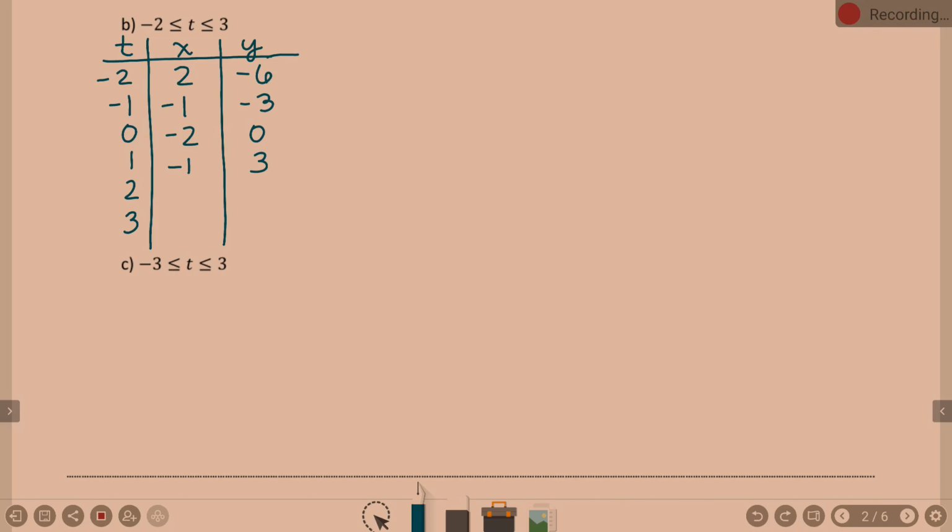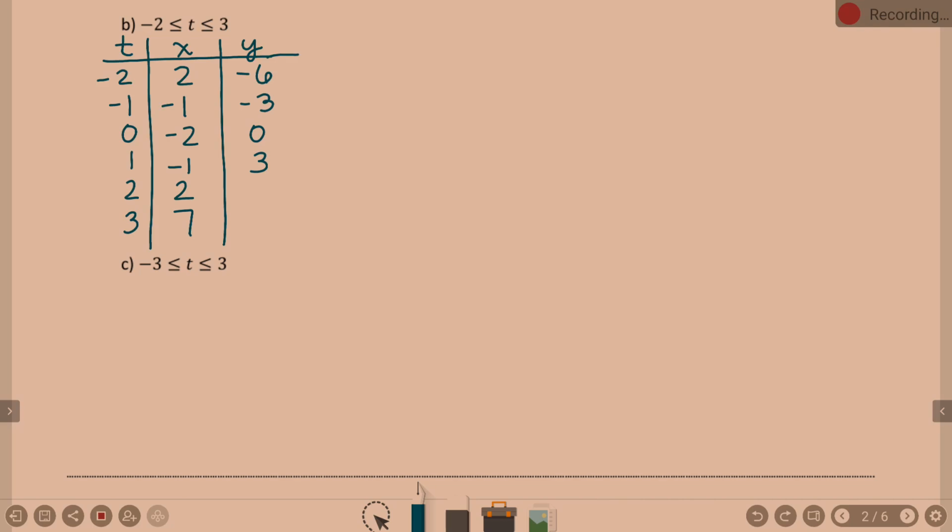If I plug 2 in to get my x value, remember x is defined to be t squared minus 2. So that's going to be 2 squared minus 2. 4 minus 2 is 2. If I go ahead and plug 3 in while I have the x equation in my head, 3 squared minus 2, so 9 minus 2 is 7. So those are my other two x's I need.